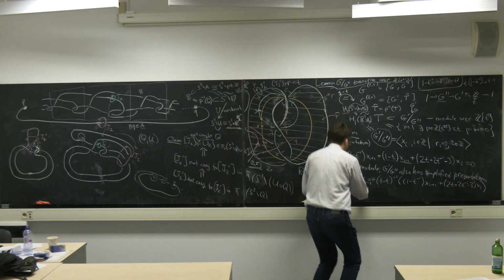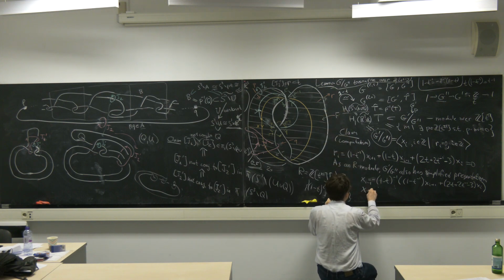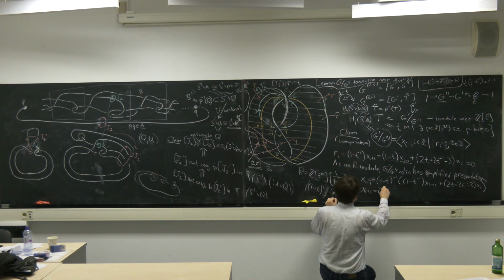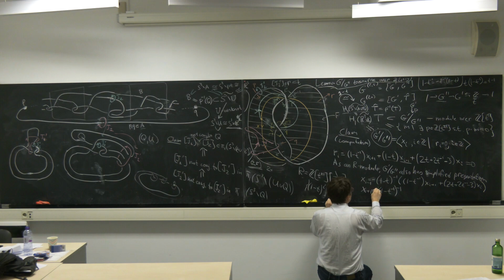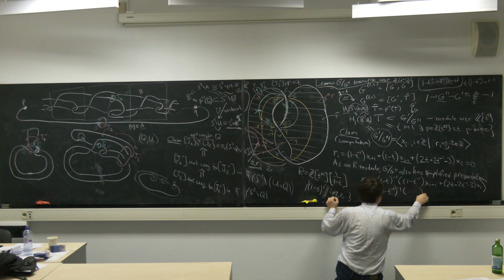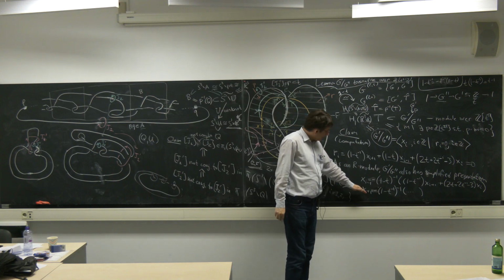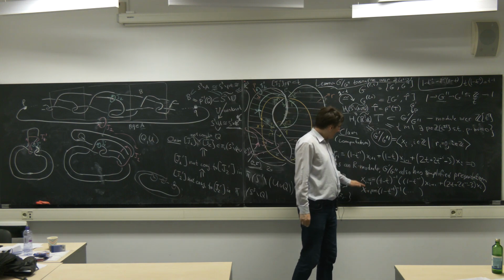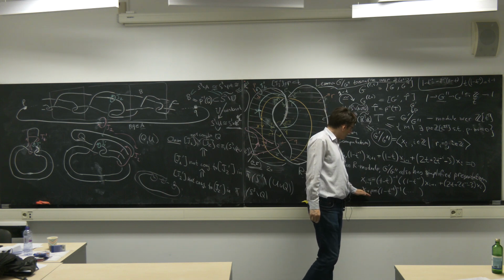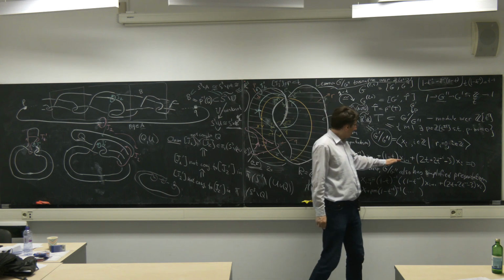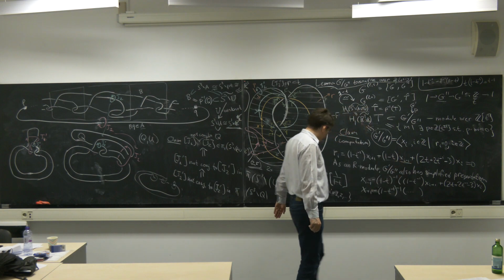And then I can write x_{i+1} equals 1 minus t inverse... okay, let me not write the bracket, it's something else. But in this way, I can also express x_{i+1} in terms of x_i and x_{i-1}.